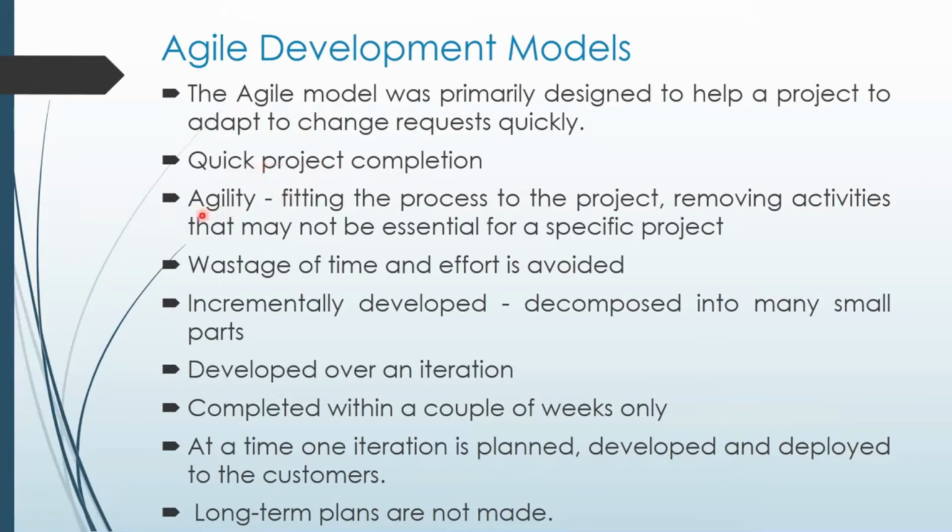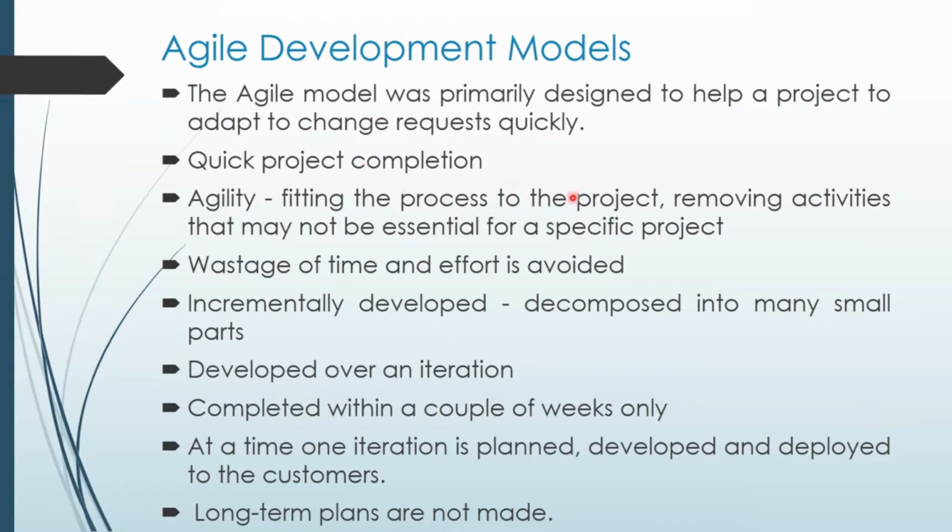Agile development is about agility. It is fitting the process to the project, removing activities that may not be essential for a specific project. If you make a request, it has to be supported by the project, so that is adapted and fit to the project.